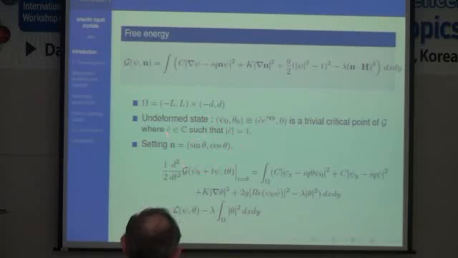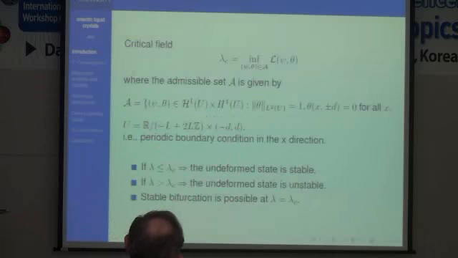For 2D, we are using an angular variable, and we have the second-order variation. Then we can define the critical field by this second-order variation of the free energy. Basically we want to find the critical field and the solution at the critical field.